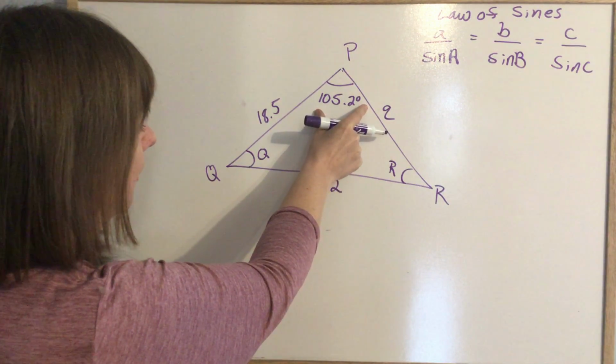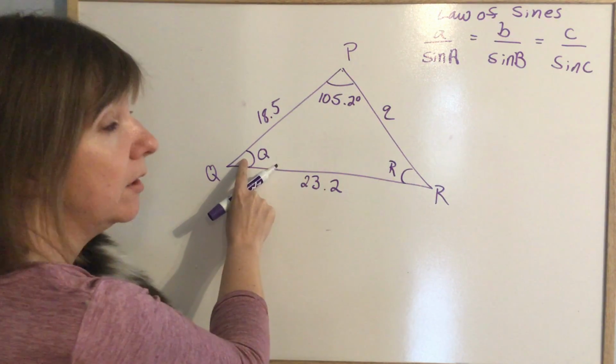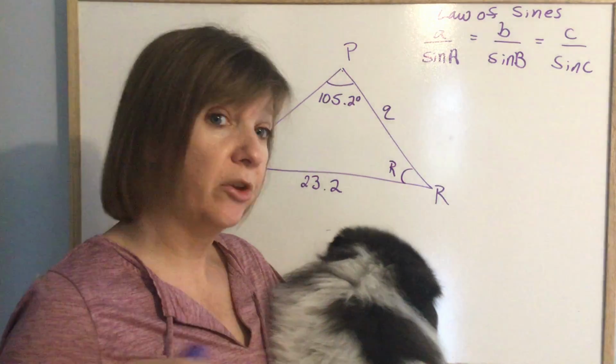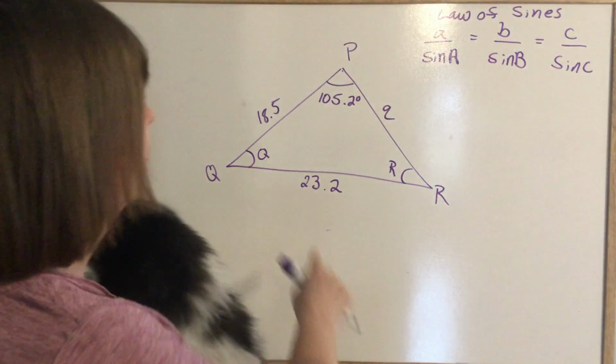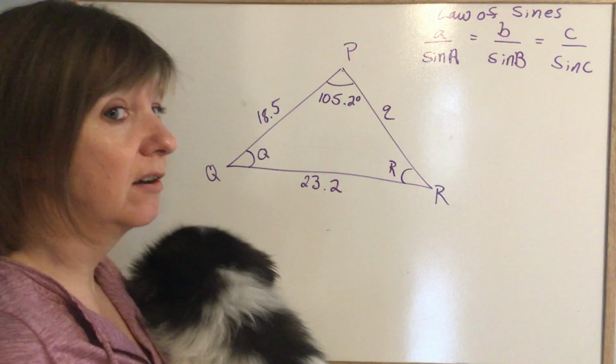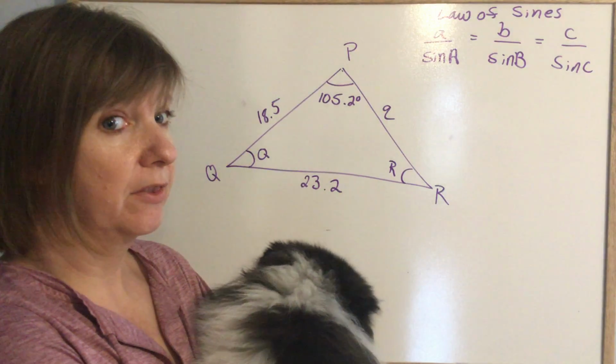See how this angle is outside of the two sides? It's not in between. This would be in between. I call it, it's not a sandwich. So I know two sides and an angle that is not in there, then I can use law of sines.